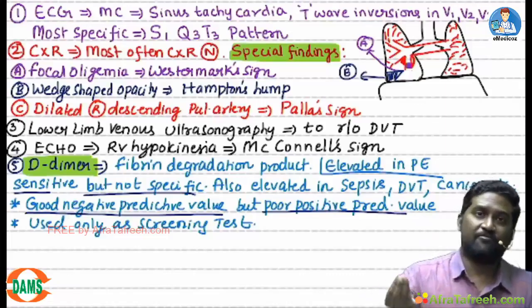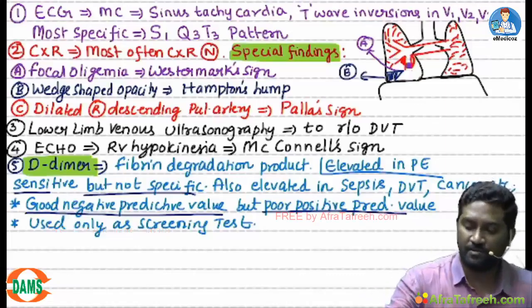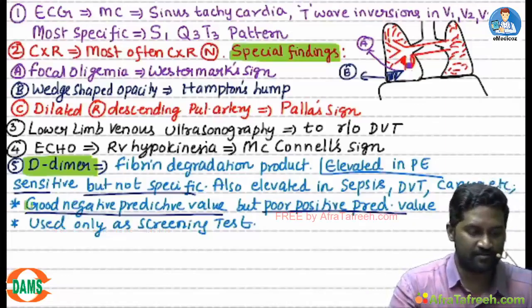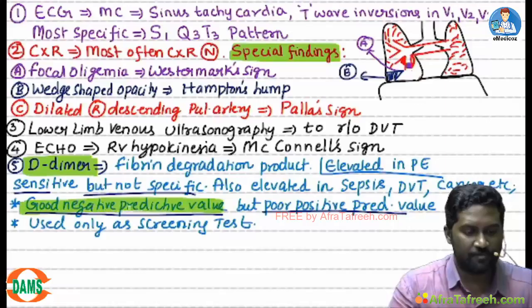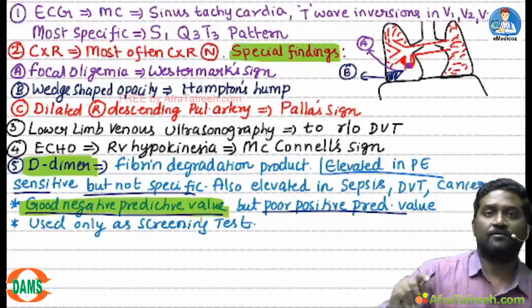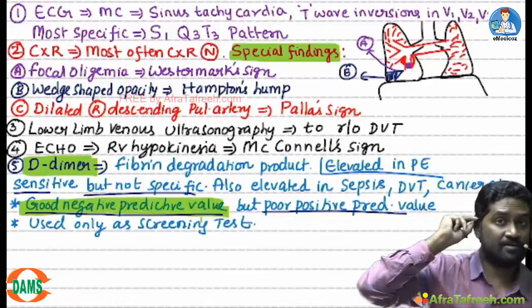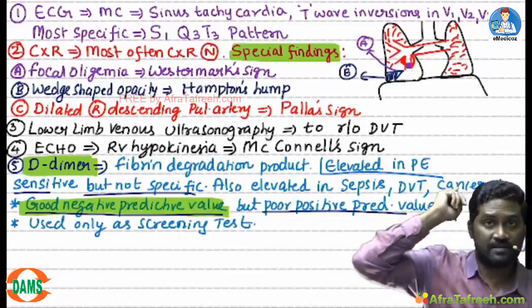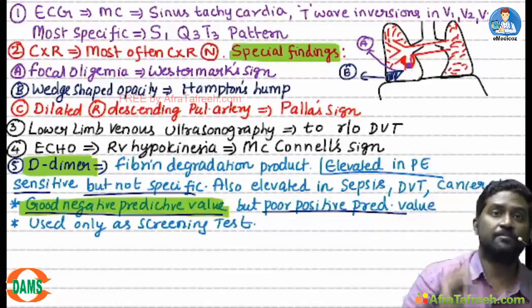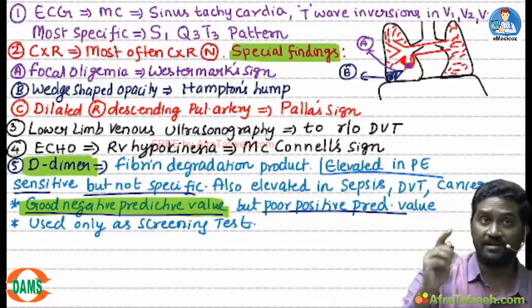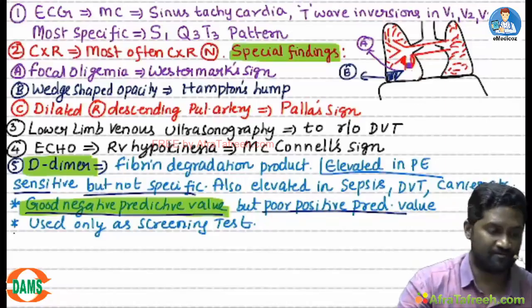The chances of pulmonary embolism is less. So you can exclude the diagnosis. So it is good negative predictive value, but very poor positive predictive value. With a single value of D-dimer, you cannot say that there is a thrombus only in the pulmonary circulation. That's why it is used only as a screening test, not investigation of choice.